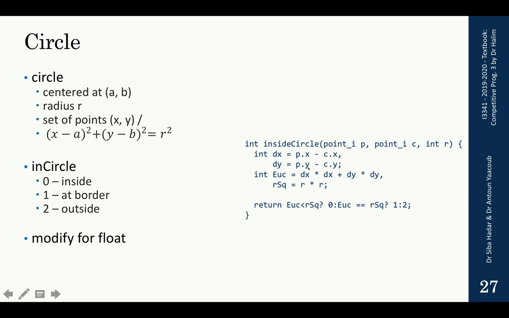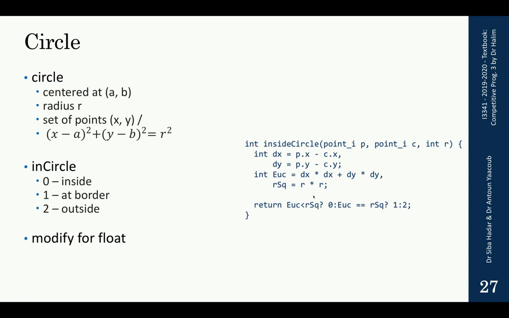This is the Euclidean distance to the power 2, because the Euclidean distance is the square root of this value. And then we calculate r to the power 2, and we compare these two values.